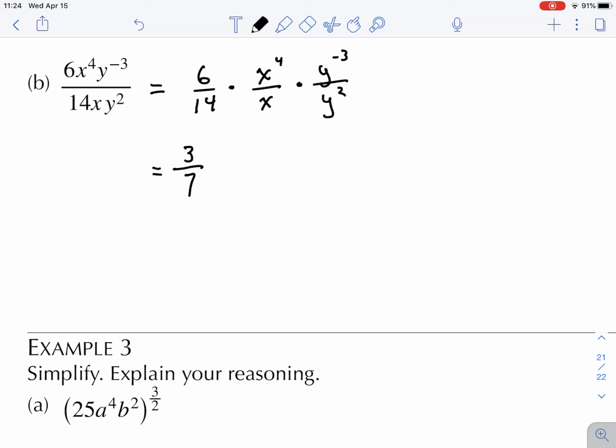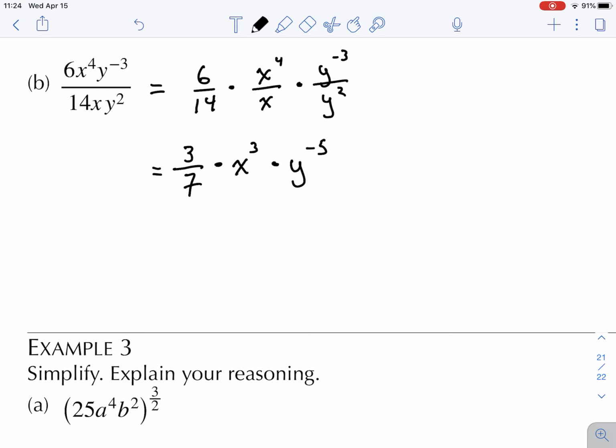All right, our first fraction, 6 over 14, simplifies to 3 over 7, times x to the power of 4 divided by x, which is equal to x to the power of 3, times. Now we've got another power divided by a power, so we do negative 3 subtract 2, and we're going to get y to the power of negative 5.